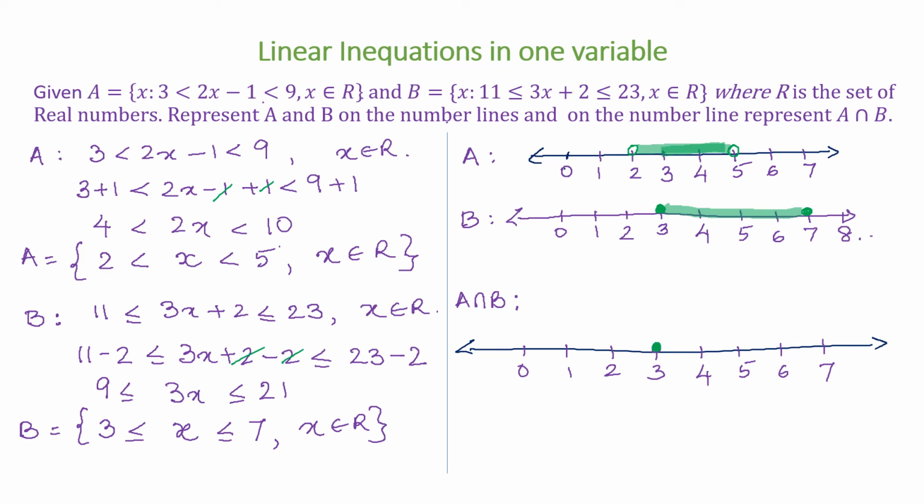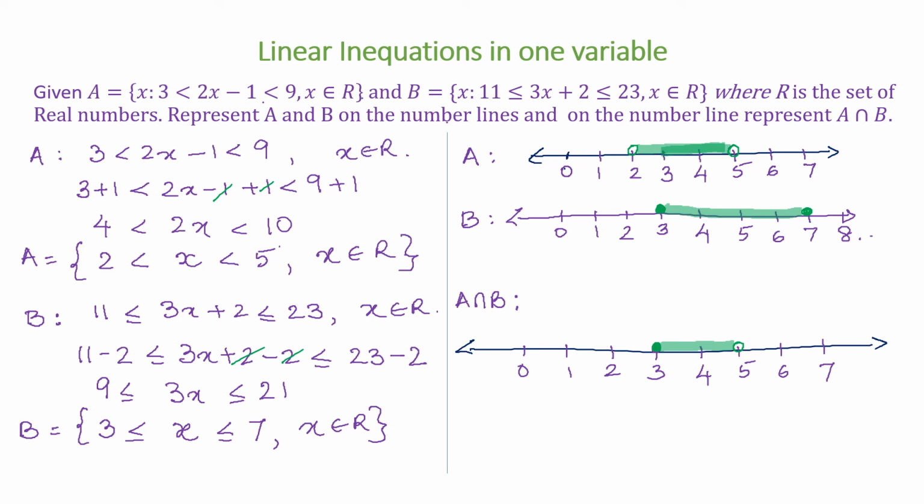But 5 is not a part of A, it is a part of B, but it's not a part of A, and therefore 5 is going to be a hollow circle, and you are going to shade all of it. So this is going to be your A intersection B.